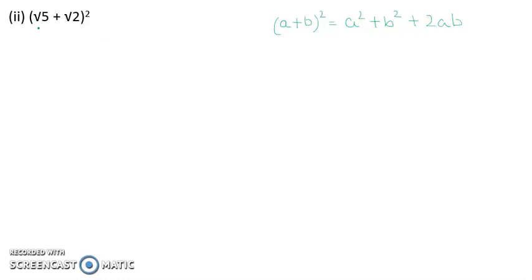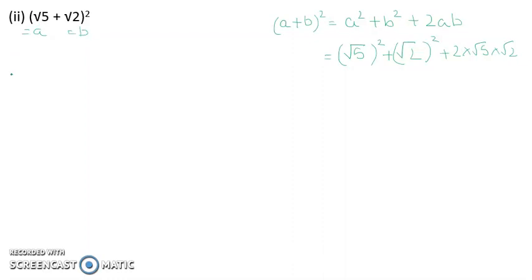So what is the value of a here? This is root 5, a. This is b, root 2. So you can substitute directly here. So a is root 5. We write here root 5 whole square plus root 2 whole square plus 2 into root 5 into root 2.